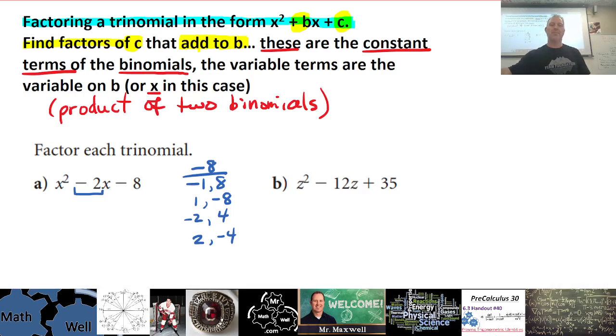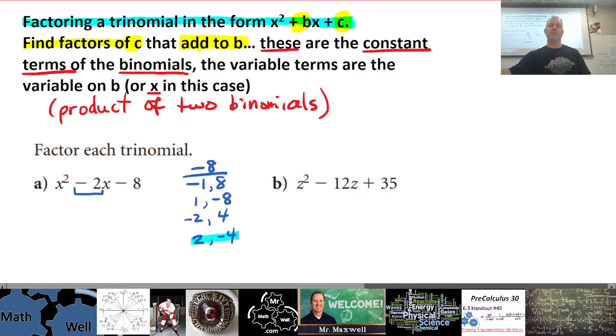Okay, so do you see it? Right here. These are the magic pair of factors for negative 8. 2 plus negative 4 gives us negative 2. See that? Now that we have our important factors, what you do is you literally go, okay, I'm going to make two binomials. And this is the way I always do it, so I would encourage you just to make your brackets. What is the variable that makes up this first term? It's x.